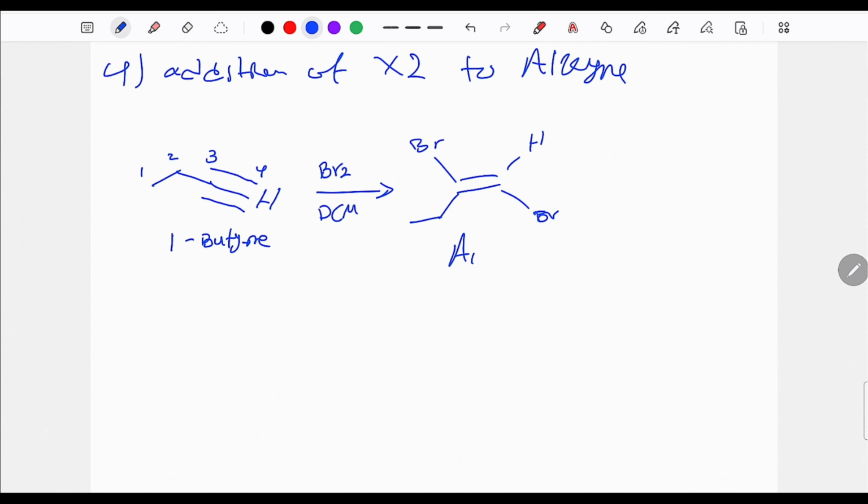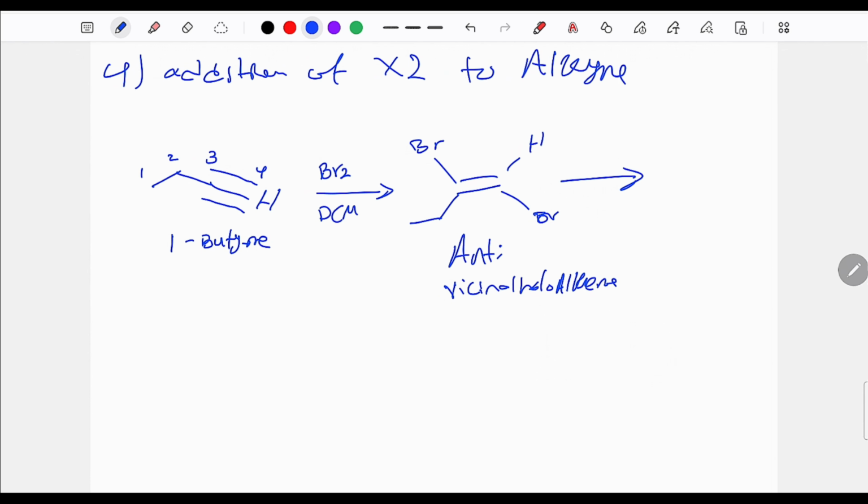I've actually generated an anti-vicinal haloalkene, not alkane, okay? And by another addition of Br2 in dichloromethane, I generate a tetrahalide product. Okay.